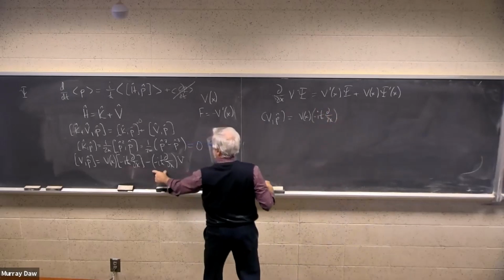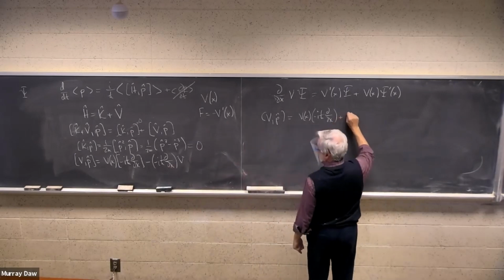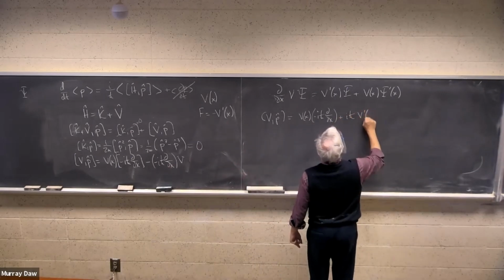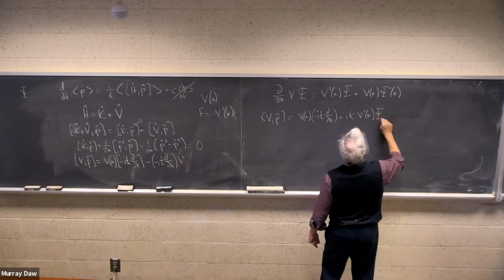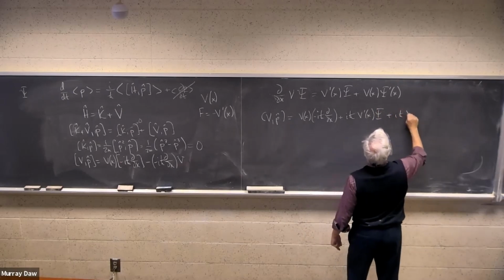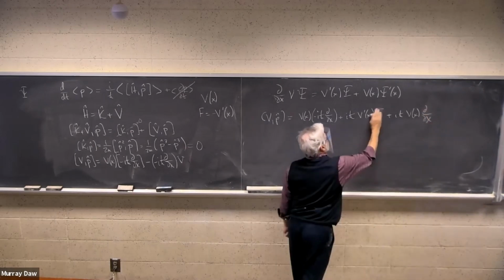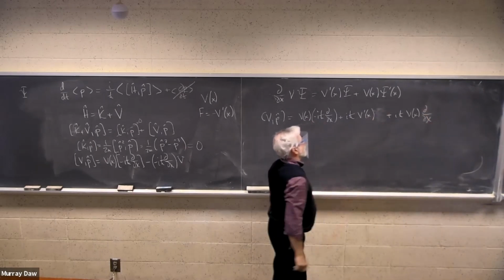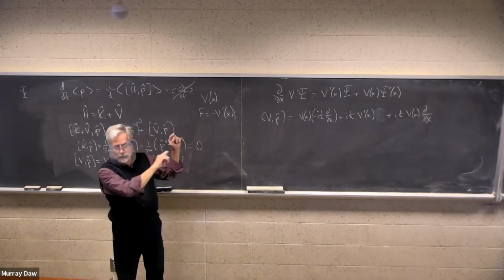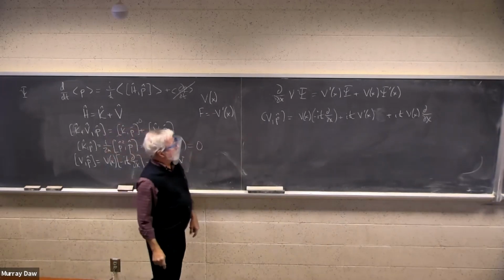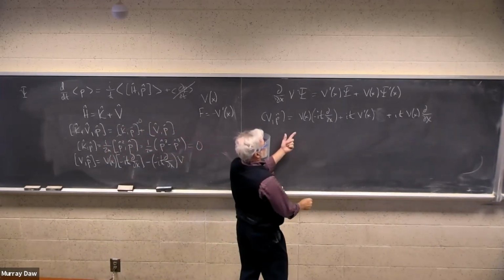That's this one. And now I have 2 terms here that I have to write down: i h bar V prime of x psi plus i h bar V of x derivative acting, so I'm not writing psi, this thing is going to act on the function. And the 2 terms cancel.